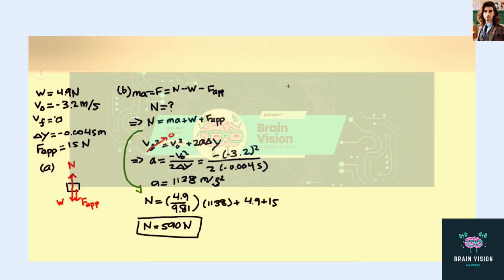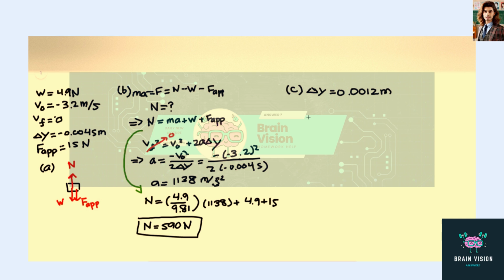Good. And then we also have a part C where we are wondering, if the vertical displacement was instead 1.2 millimeters, sorry, meters, then what would the normal force have to be?